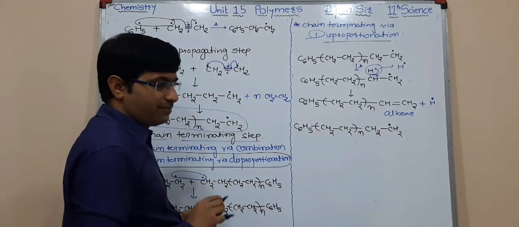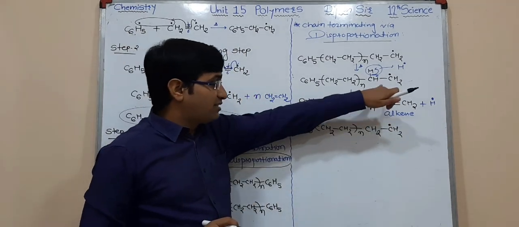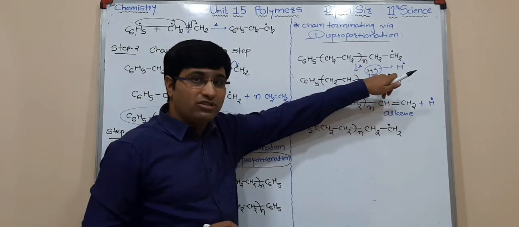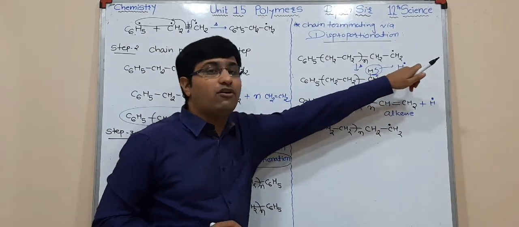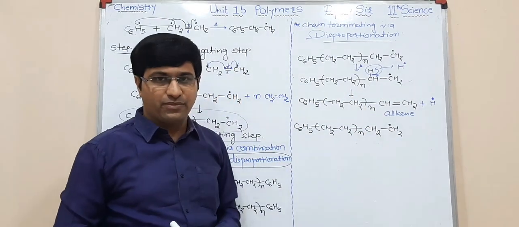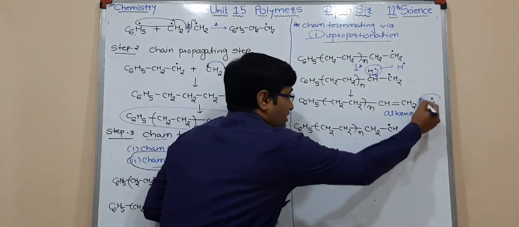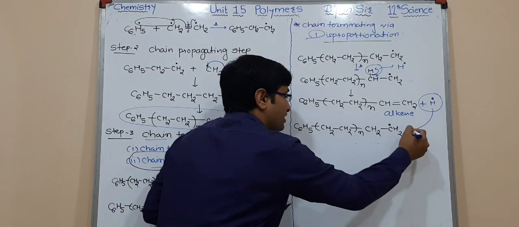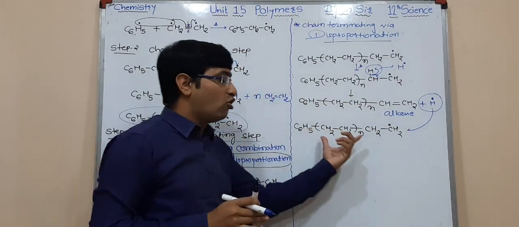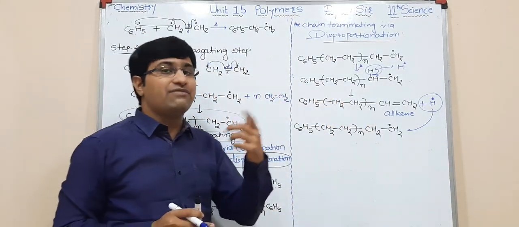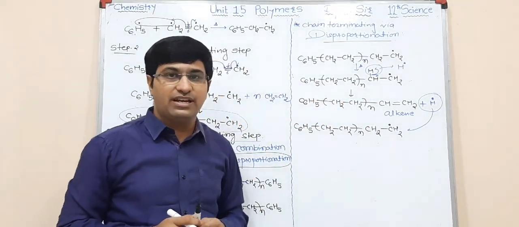So students, in this disproportionation the hydrogen is released in the form of hydrogen free radical. This hydrogen free radical can react with the long chain free radical. As we said earlier, free radical always combines with free radical.